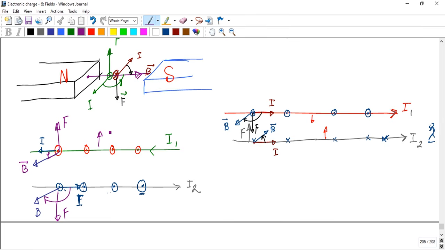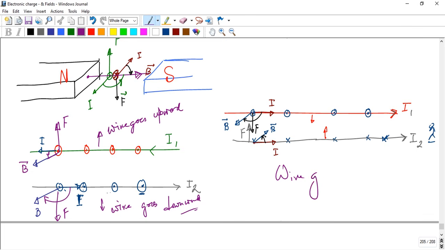This wire goes upward, and that wire goes downward, away from each other. There is a force.